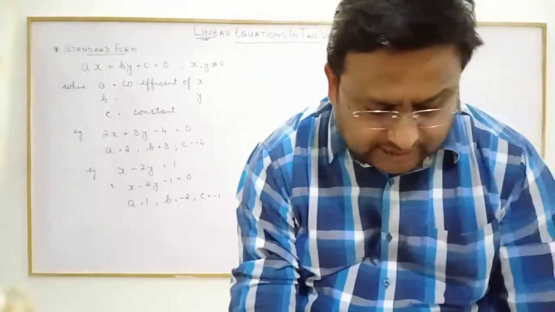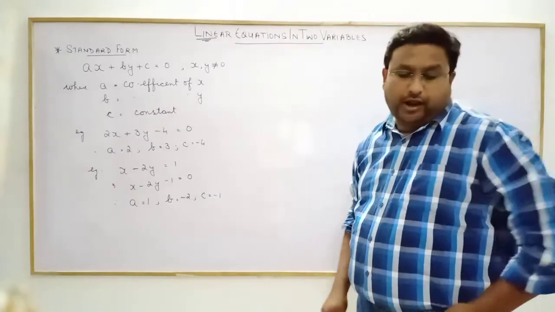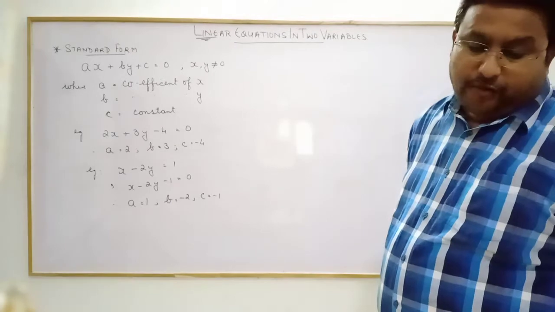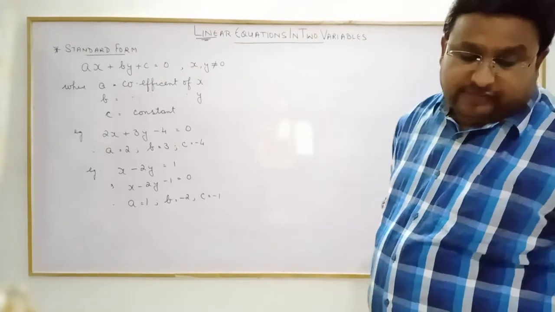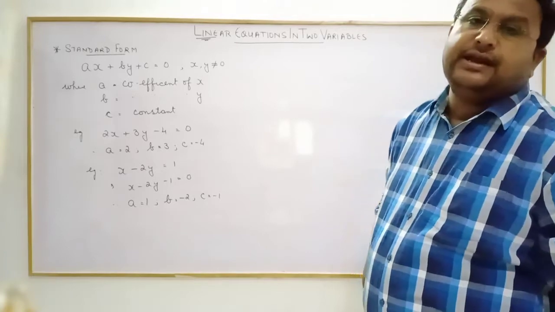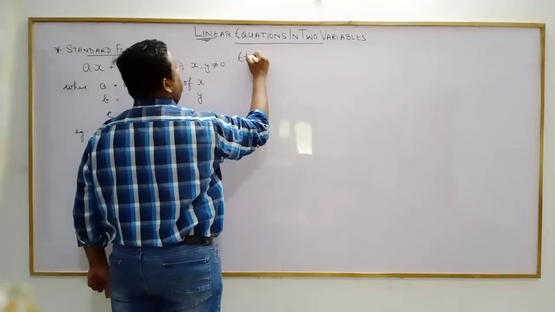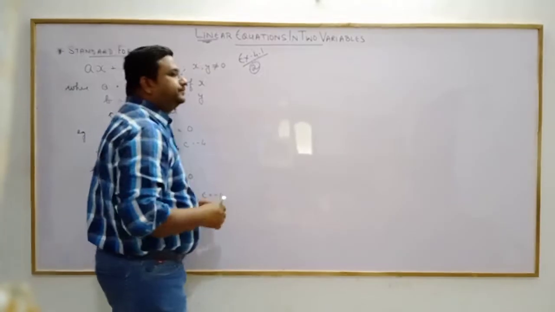If you look at it, it clearly says, second question I am talking about, express the following linear equations in the form of ax plus by plus c equals 0 and indicate the values of a, b and c in each case. I am talking about exercise 4.1, question number 2.